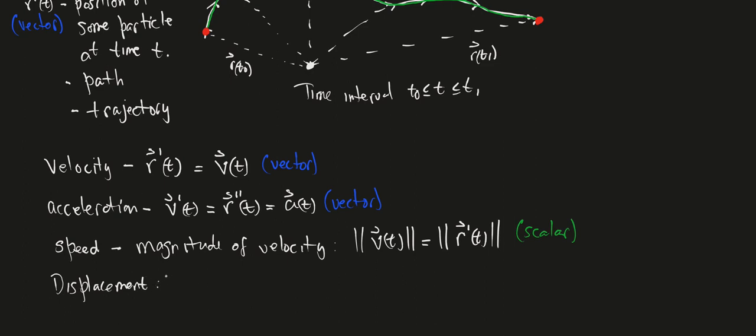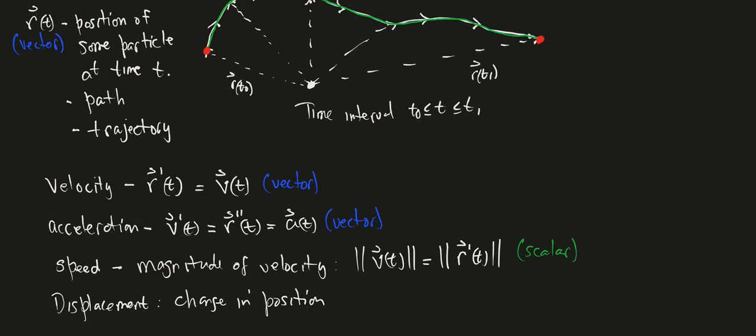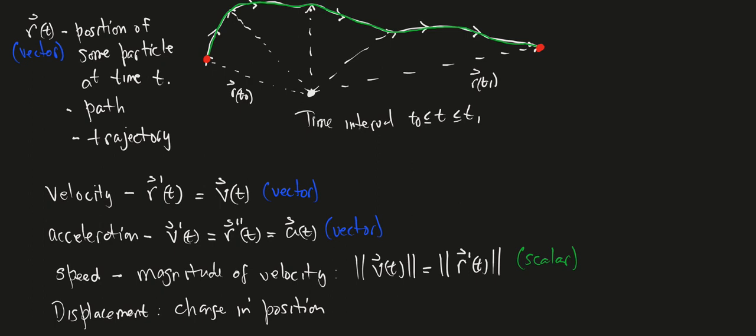So displacement is the change in position, right? That's the formal definition of displacement. So as the object moved, or let's use the past tense, as the object moved along this curve during the interval t0 to t1, what was its change in position?